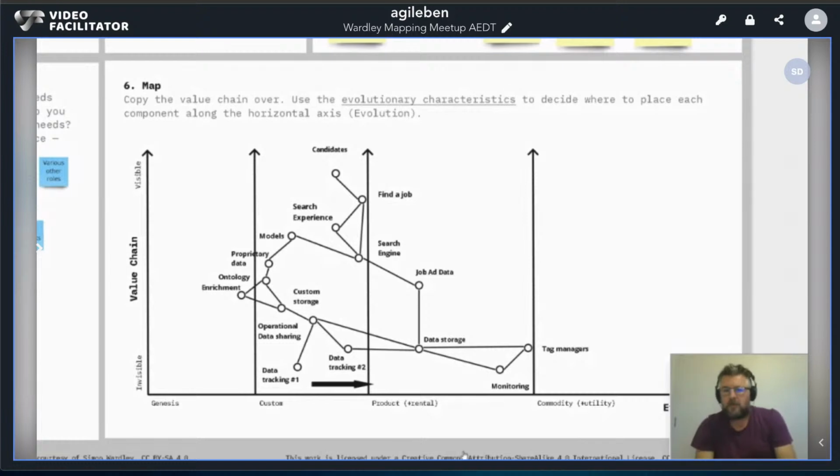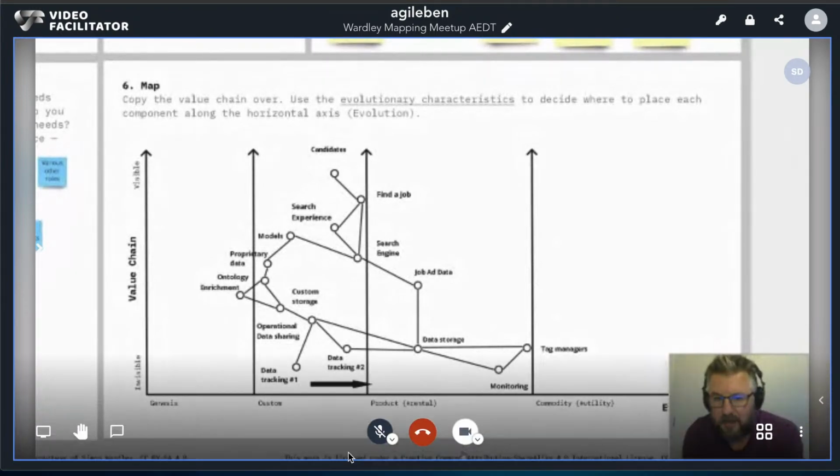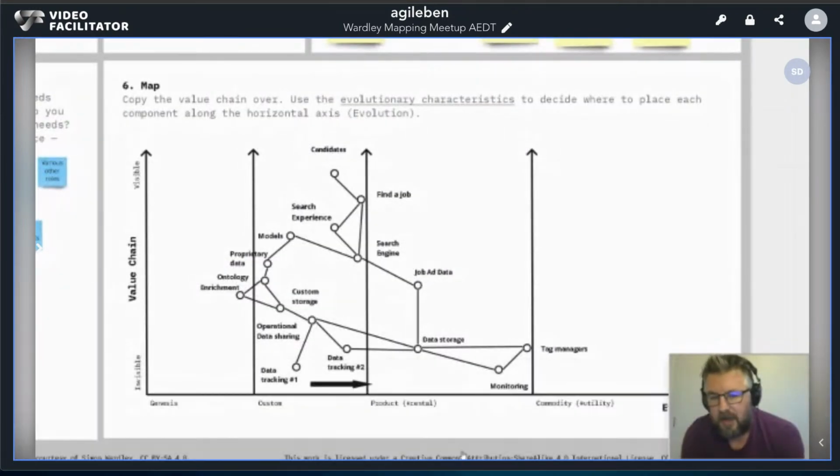I'll spend a few minutes talking about the positioning of some of the things that we've mapped out here, and why some of these components sit in those positions on the map. Let's start with the job ad data. I think this is a really good example. Job ads are not unique to Seek.